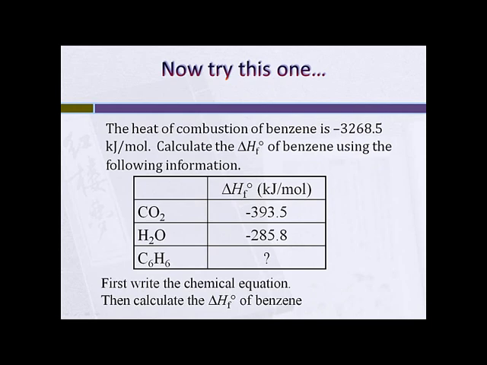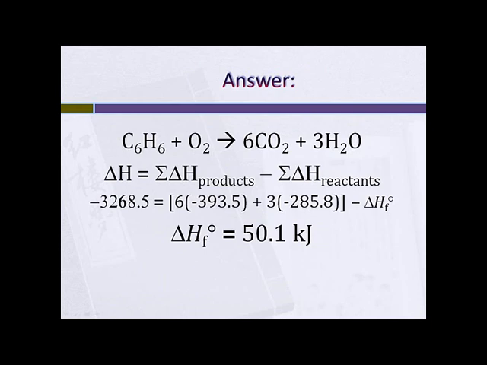Now try this one. What you need to do is stop the podcast and work this one through using the exact same method, except what we're looking for is one of the heats of formation because we already know the heat of combustion. Assuming you did so, your answer is going to look like this.